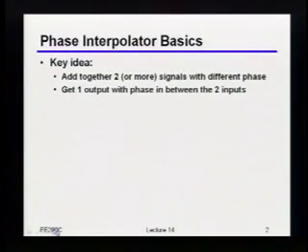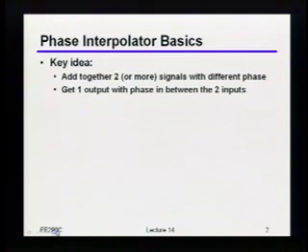Just to give you a definition or more insight into what I really mean by that, all a phase interpolator is really doing is the following. Let's say that I had two signals, let's call them two clocks, with different phases on them.